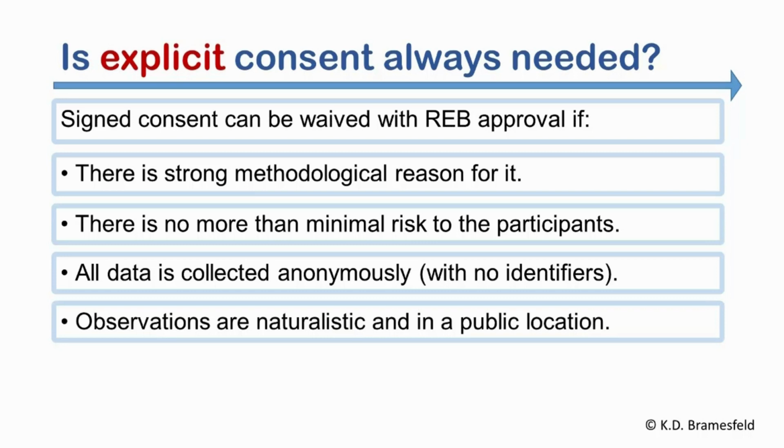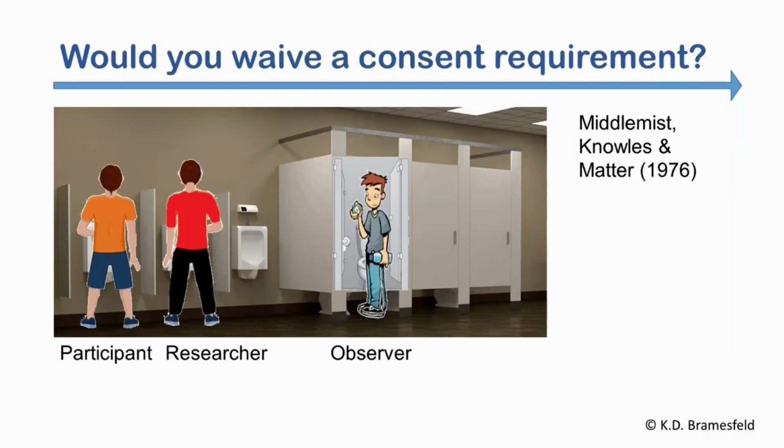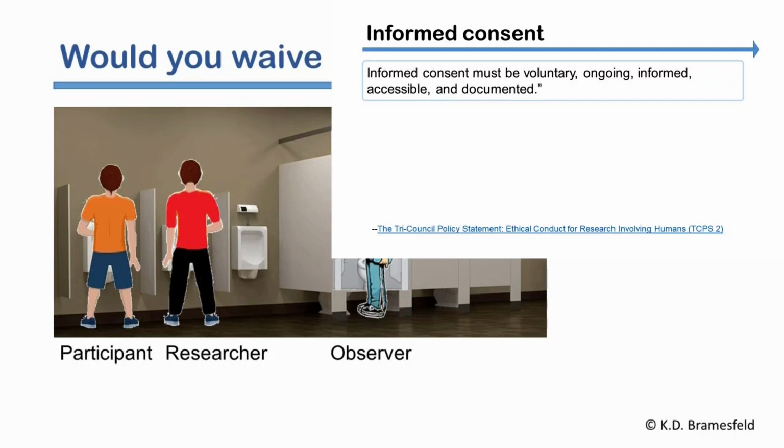So if the study involves naturalistic observation of participants in a public context where a person could reasonably be expected to be seen, then typically, and all these other things are in place, the Research Ethics Board might approve for you to waive consent. So would you waive consent requirement in this context? Yeah, probably not, right? We've already agreed that there's an ickiness to this study that just doesn't feel right.